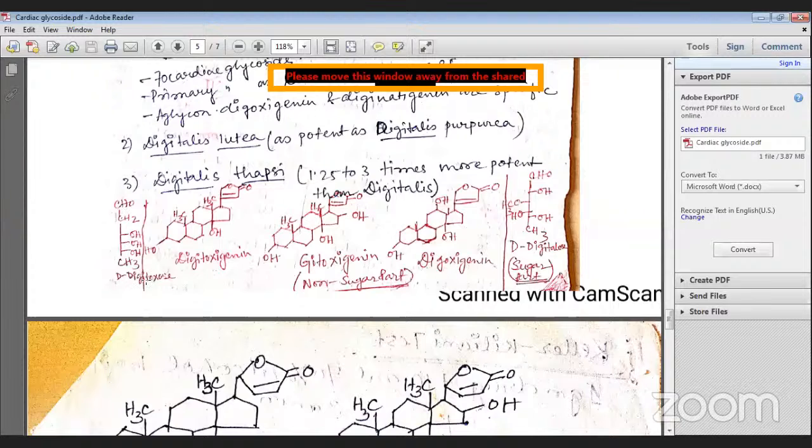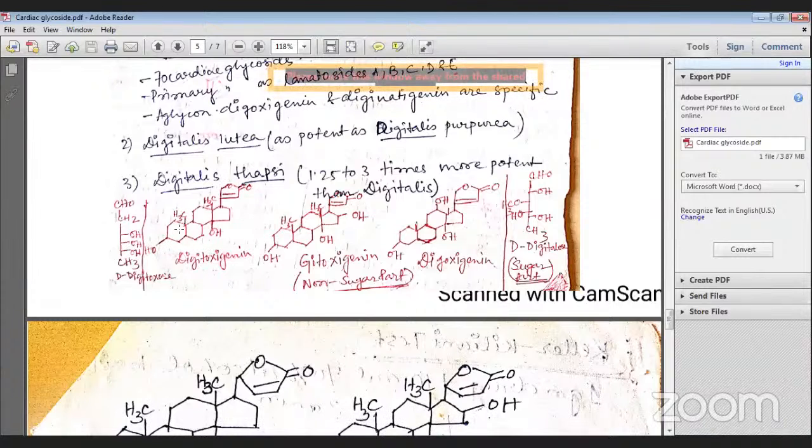This is the sugar part, D-digitoxose. The sugar part is mainly attached at the C3 position. This is the digitoxigenin.